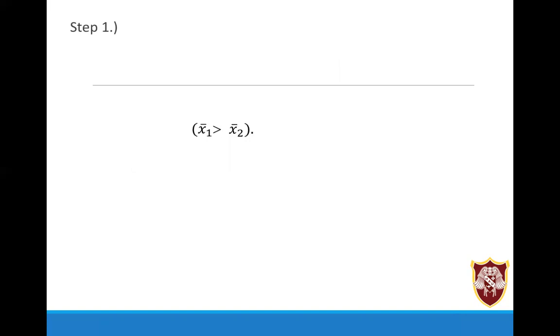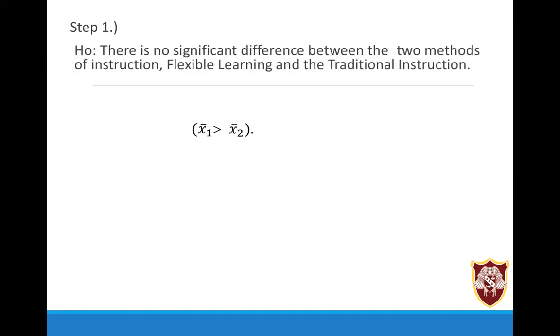Okay, step 1 is to formulate both the null and alternative hypothesis. So what is a possible way of stating the null hypothesis for the given situation? Okay, so we say that there's no significant difference between the two methods of instruction, flexible learning and the traditional instruction.